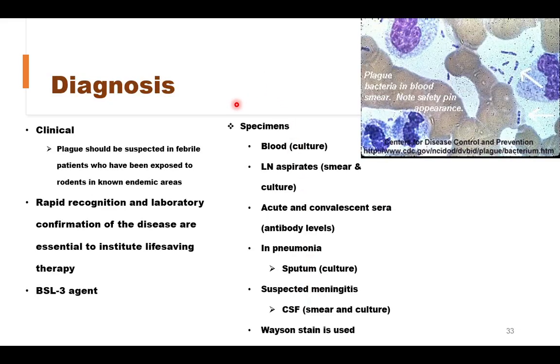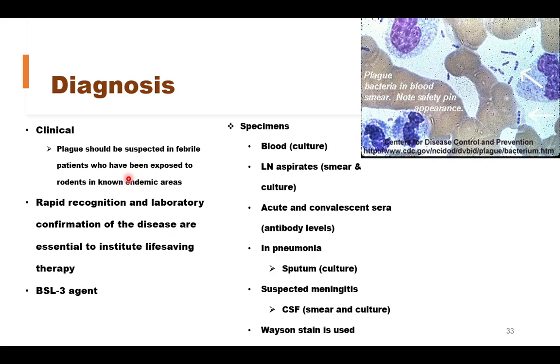So how do you make a diagnosis? Again, clinically, there are certain things that will point you in that direction. A patient who is febrile, high-grade fever, okay? It's not malaria. You've sent in your blood sample for malaria parasites. It's negative.